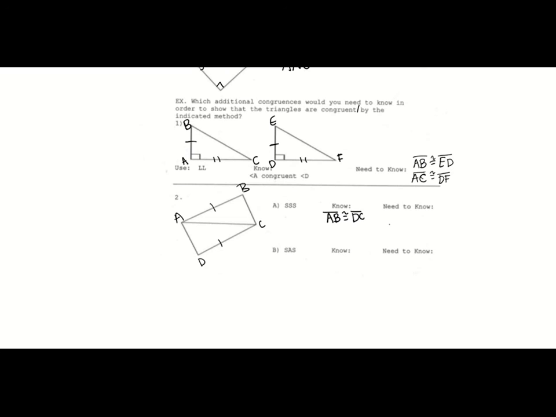I want to use side angle side, and I already know that AC here is congruent to itself. So the last piece of information I need would be that BC is congruent to AD.